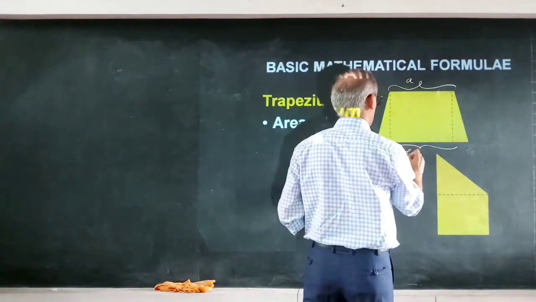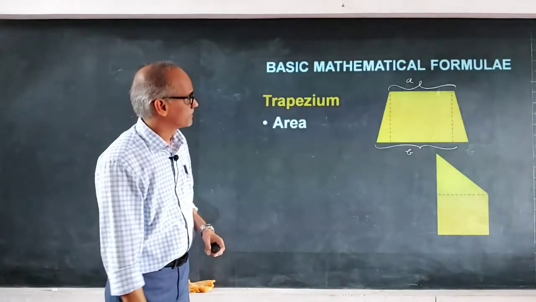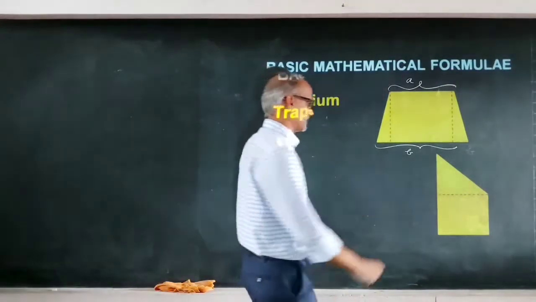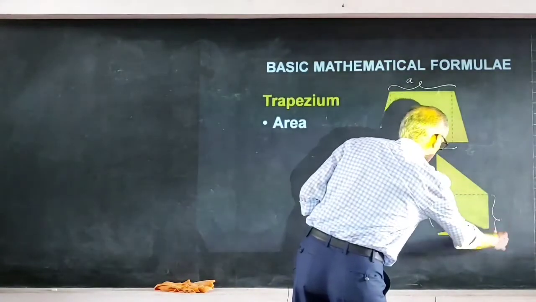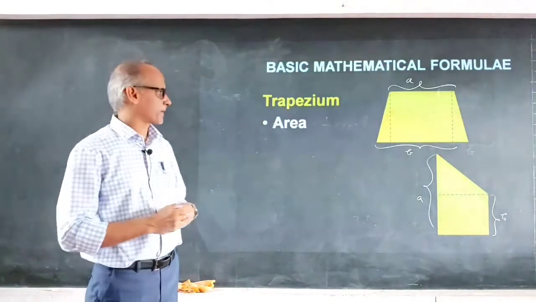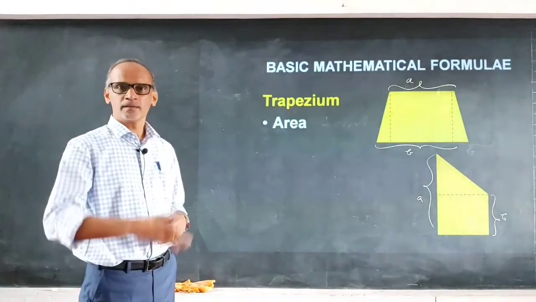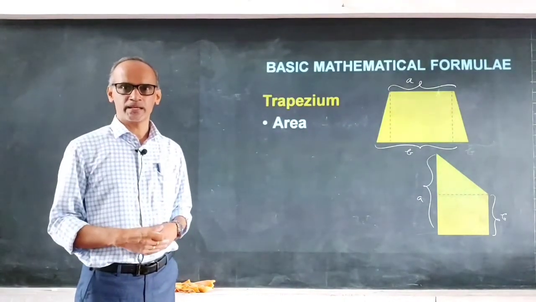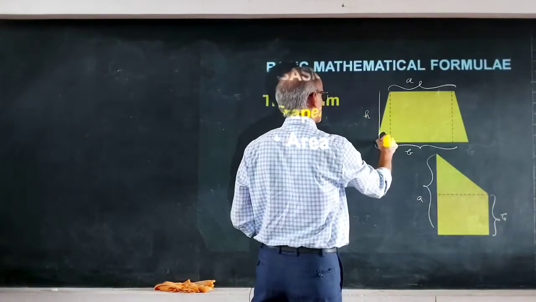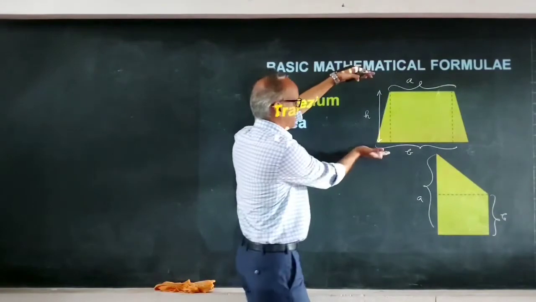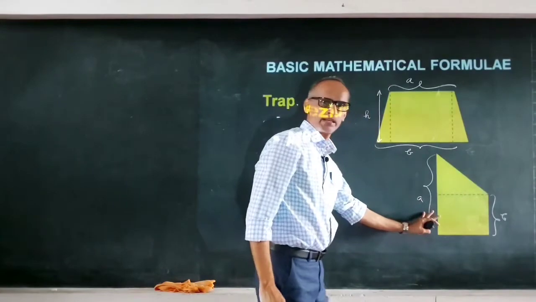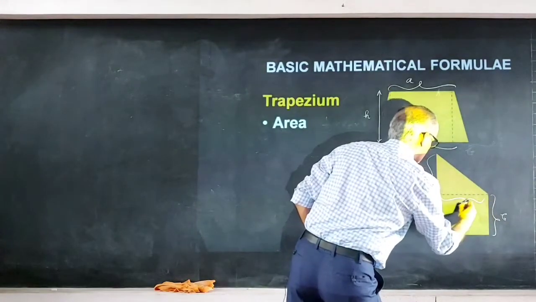I'm going to write them as A and B. A and B are the two parallel sides. So first identify the sides which are parallel. Then the perpendicular distance between these two parallel sides is taken as the height h. See, here it is. This is h. Similarly, here this is A, this is B, and this is H.